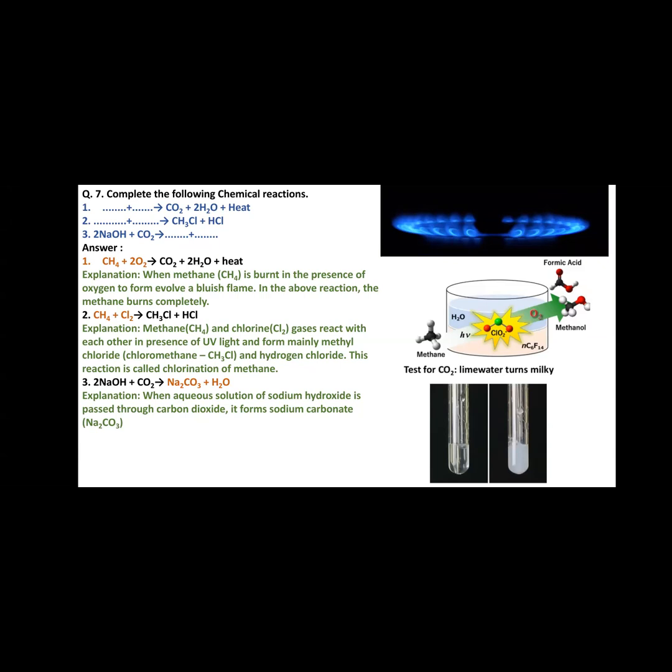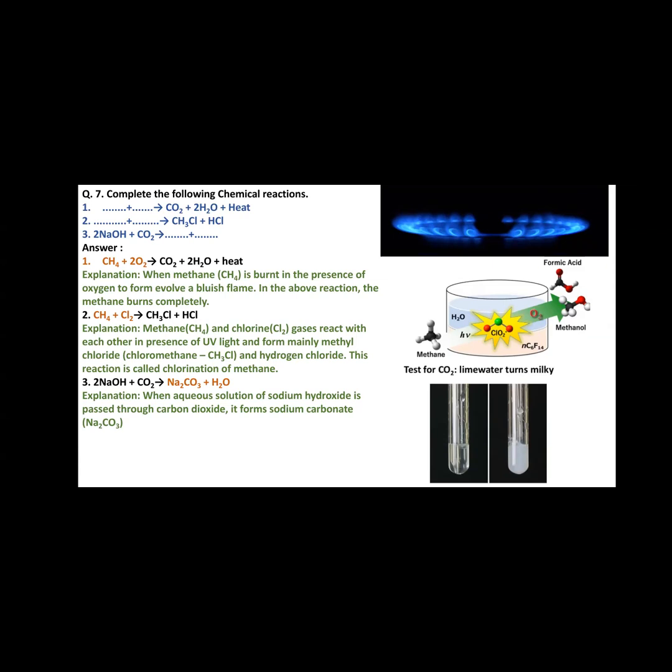The product is given as CH3Cl plus HCl. The answer for these two blanks is CH4 plus Cl2 gives CH3Cl plus HCl. Explanation: methane CH4 and chlorine Cl2 gases react with each other in the presence of UV light and form mainly methyl chloride, chloromethane CH3Cl, and hydrogen chloride.